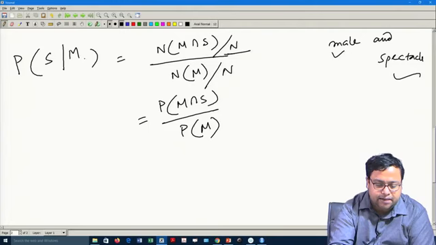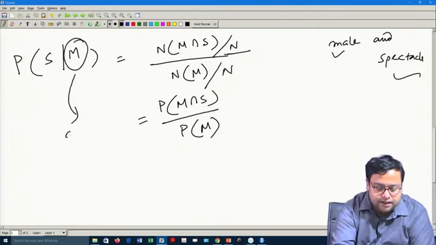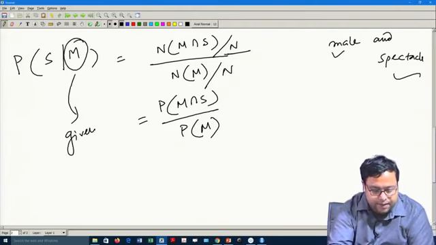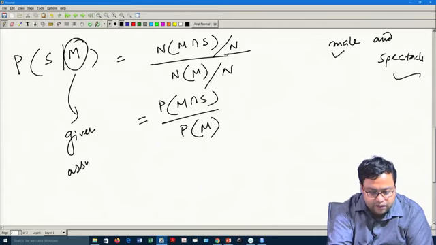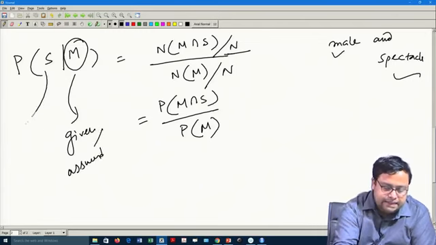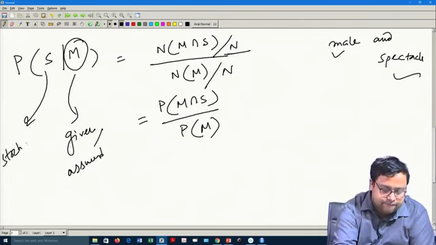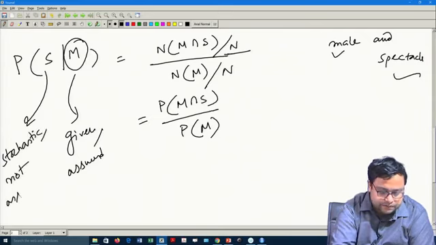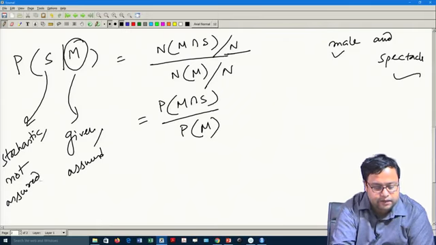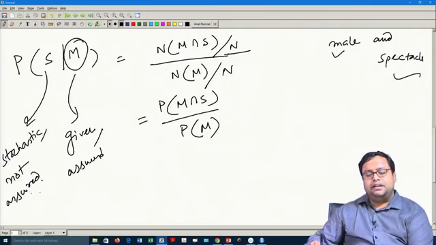Why S given m? Because male is given, it is assured, and spectacle is the stochastic part, which is not assured.